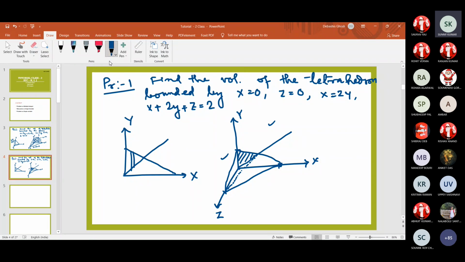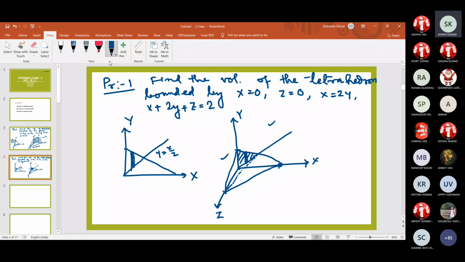Therefore the point of intersection we can consider here, and we could take the range for y first as a strip, and the volume under this small strip will give you that complete portion over z. So the range for y starts from the line y equals x by 2, up to the portion where z equals 0, that is x plus 2y equals 2.